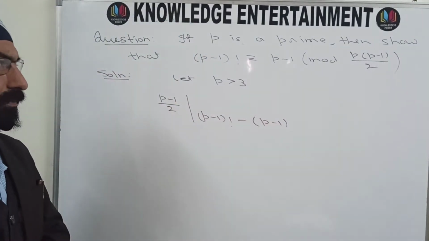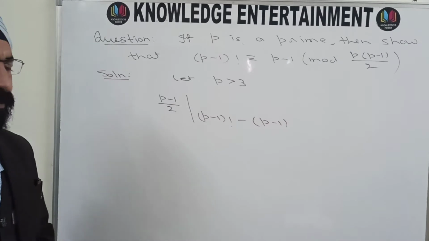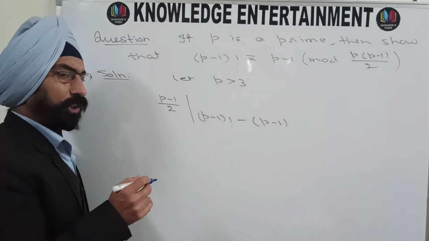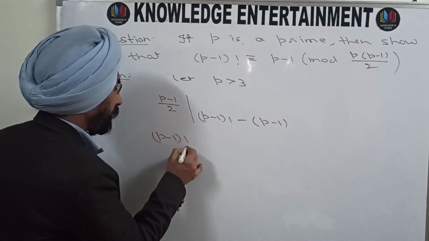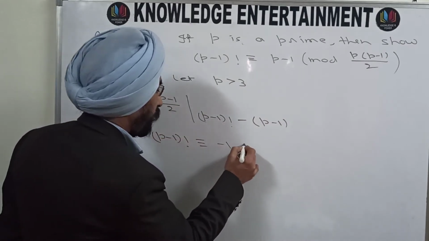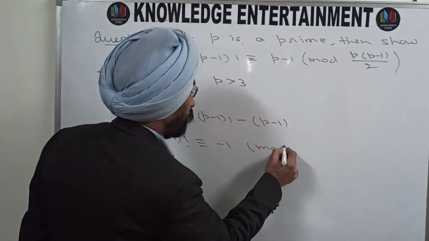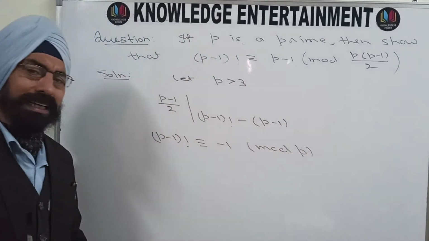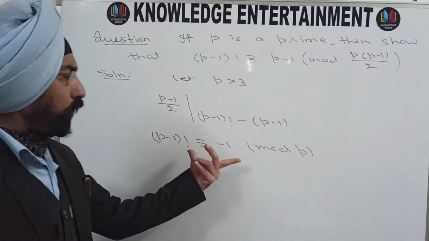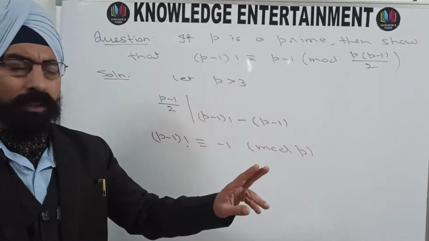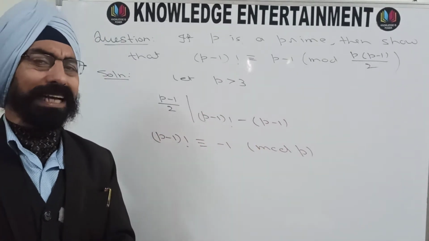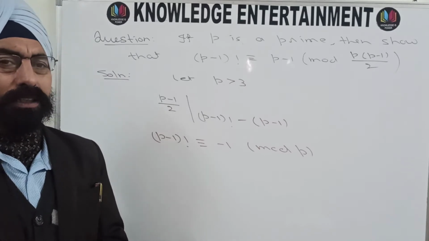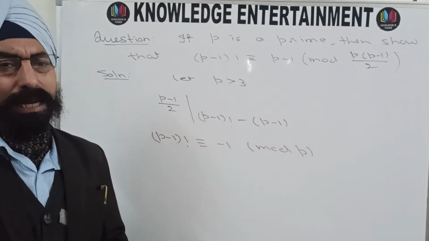This is one thing. Secondly, by Wilson's theorem, P is a prime, so (P minus 1) factorial is congruent to minus 1 modulo P. And it is a linear congruence modulo P, so anywhere in this result, we can add or subtract a multiple of P. What is the key step here?